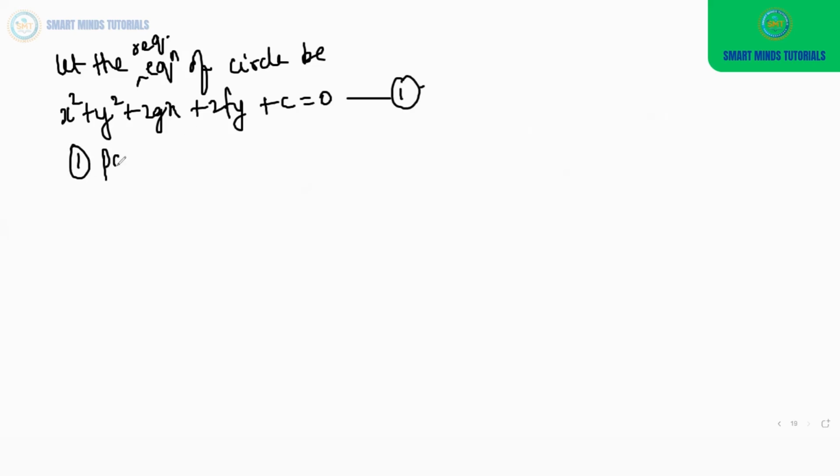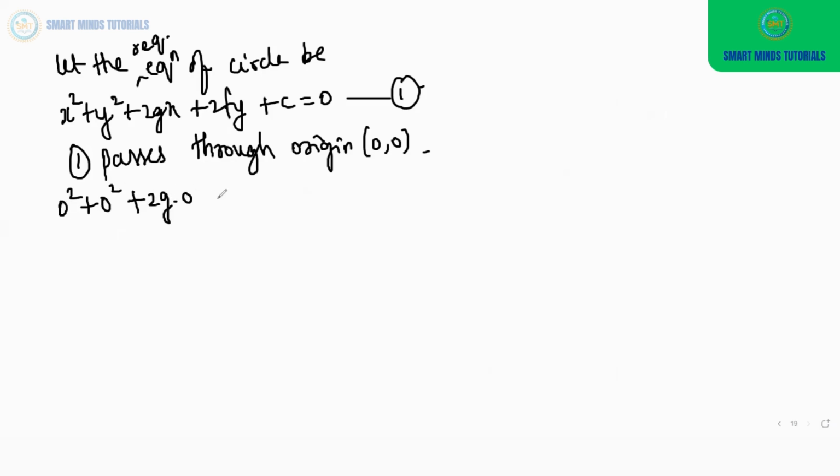Now equation number 1 passes through origin. Origin is (0, 0). So 0 square plus 0 square plus 2g into 0 plus 2f into 0 plus c is 0. So you get c is equal to 0.